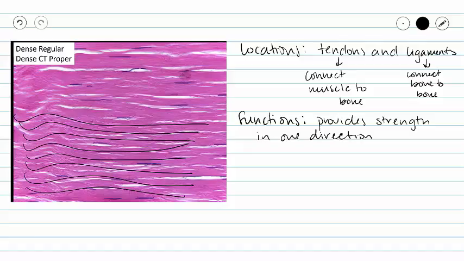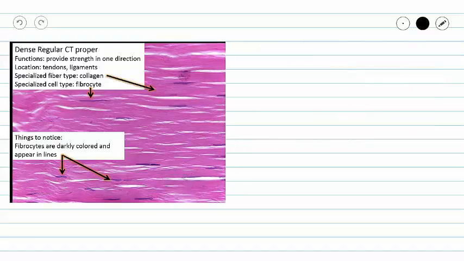So providing strength in one direction, connecting our muscle to bone, and binding our bone to bone to resist strong stresses. So here again we have our little summary slide, and it points out all the things that you need to know about our dense regular CT proper.